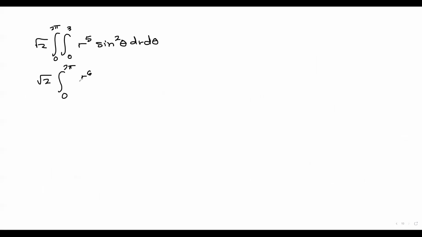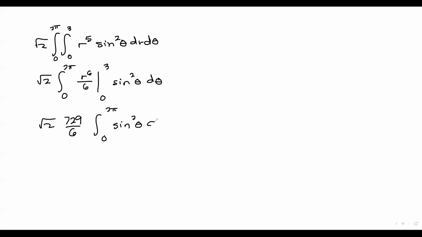We're going to have r to the 6th over 6, from 0 to 3, sine squared theta d theta. And assuming my notes are correct, I've got 729 for that. Is that right? 3 times 3, 9 times 3, 27, 81, 243, 729. Sounds right. So we've got 729 sixths, 0 to 2 pi, sine squared theta d theta.